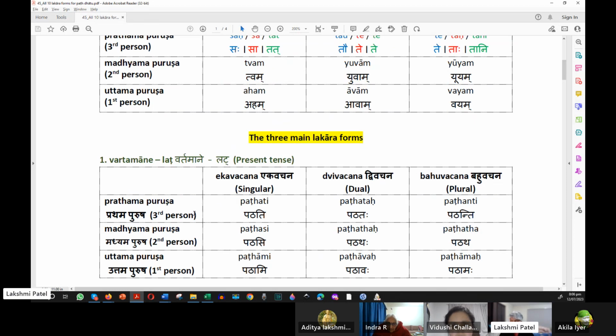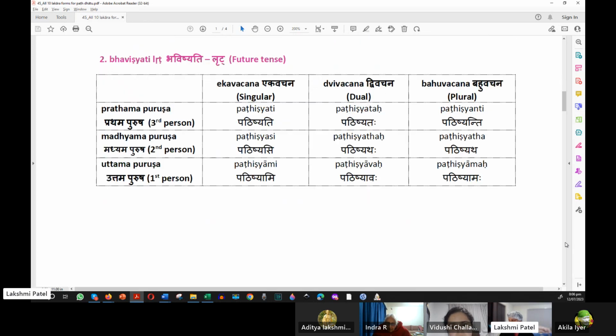Patati, patatha, patanti. Patasi, patatha, patatha. Patami, patava, patama. Similarly, future, patishyati, patishyata, patishyatah, patishyanti. Patishyasi, patishyatha, patishyatha. Patishyami, patishyavah, patishyamah.